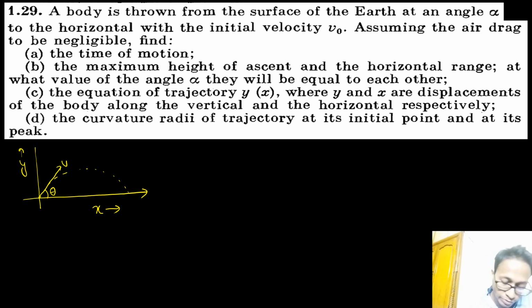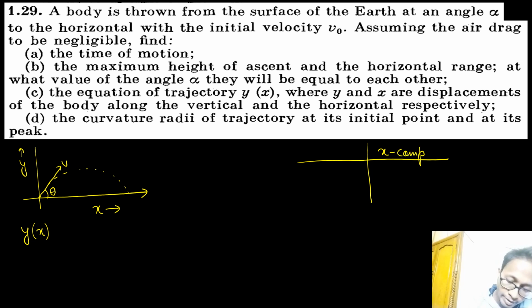So what we must do is make an equation of this line, and how do I make an equation of this line? See, if I take the x component of velocity, and here the y component, in this equation there must be no parameter of time.